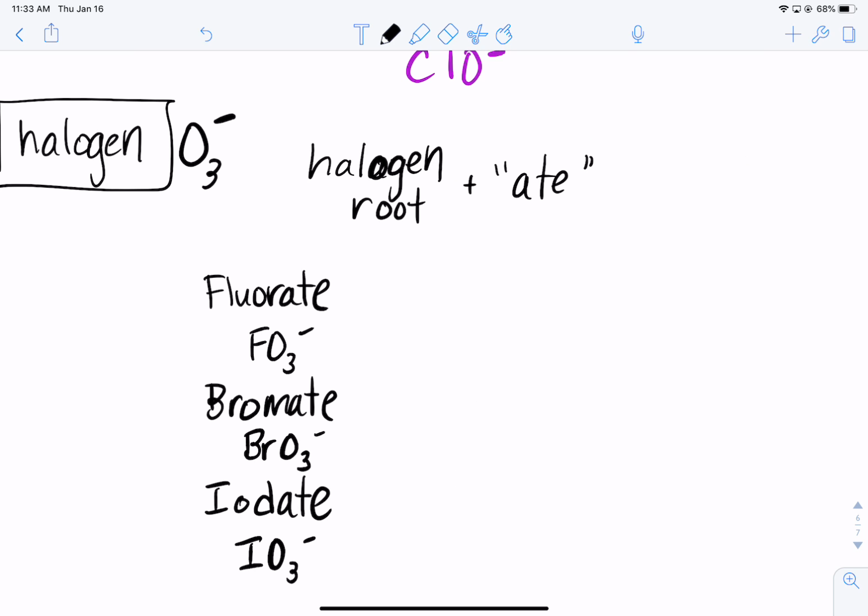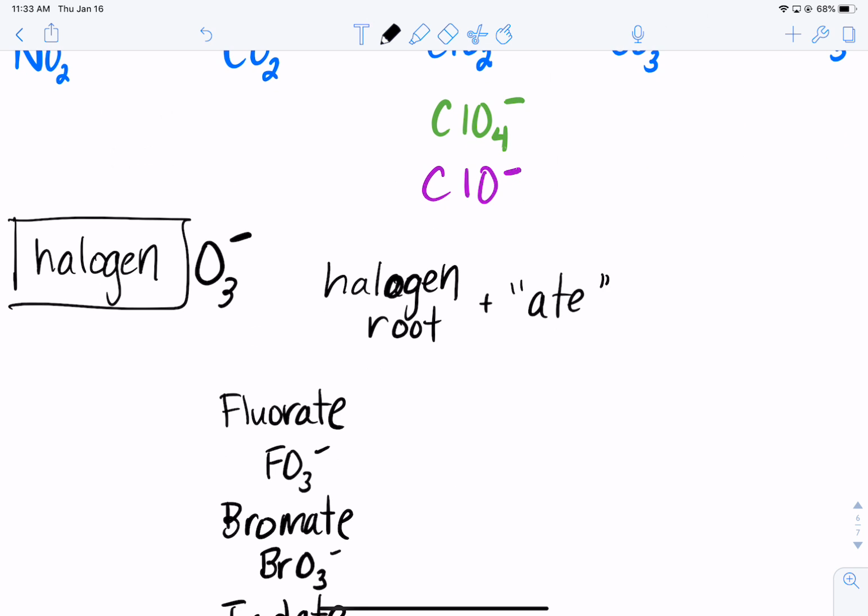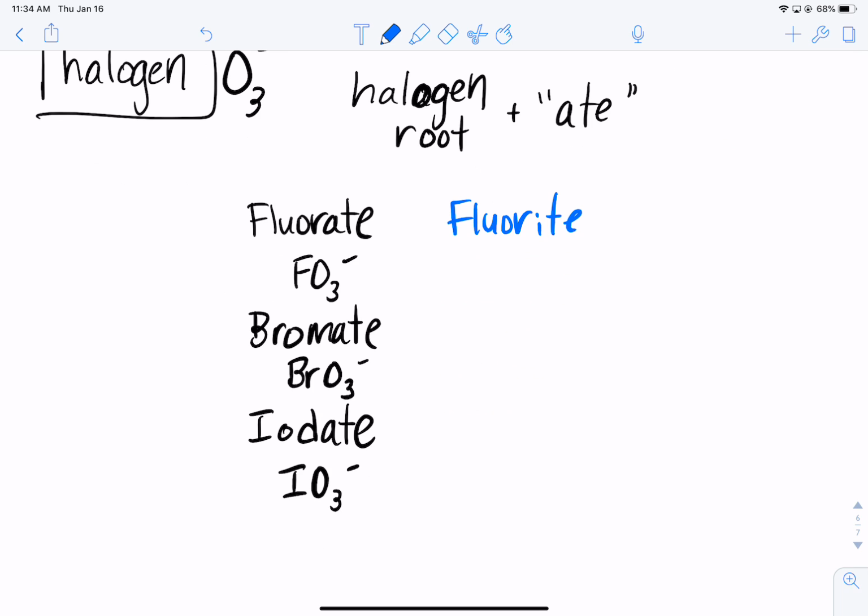You know what else is the same? You could do fluorite, bromite, iodite, and you know what the ite means.